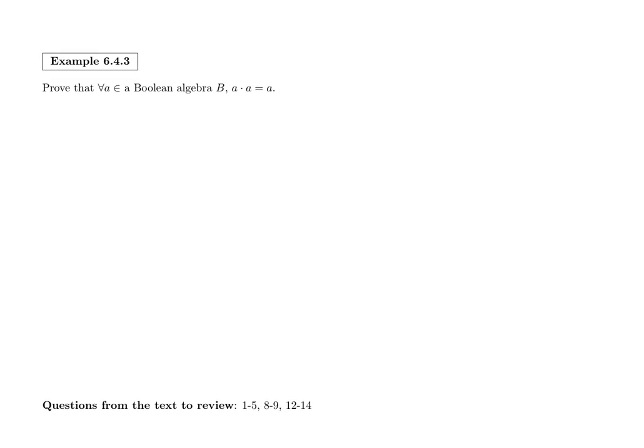6.4.3 says prove that for all A in a Boolean algebra B, A times A equals A. So very similar to the last one. So this one we're going to have our statement. Our statement is going to say for all A in a Boolean algebra B, A times A equals A. So we're proving some of these laws that we're going to be using quite often.